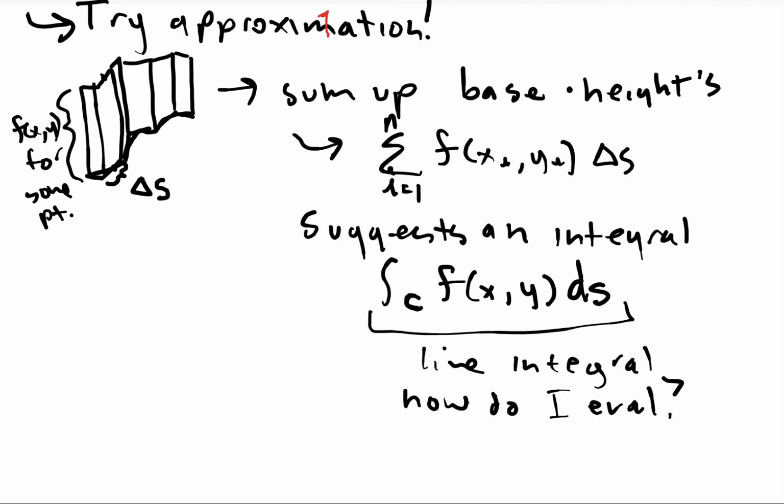We've got three things we need to fix. We have to fix my bounds because I have no clue how to integrate over a curve. I have to fix my function because if I'm fixing my bounds, that's probably going to change whatever variables I'm dealing with here. And I'm also going to have to worry about fixing my differential because I sure as heck don't know what to do with ds right now.